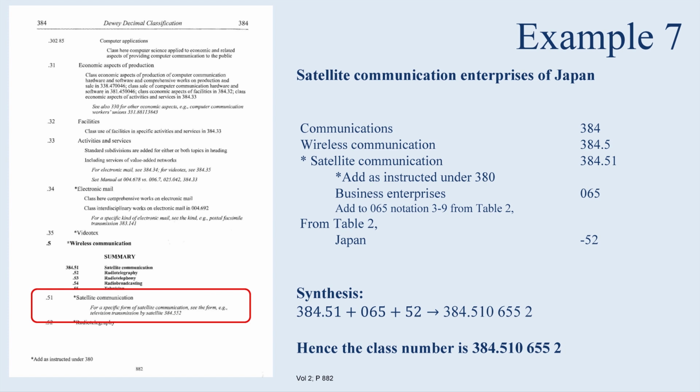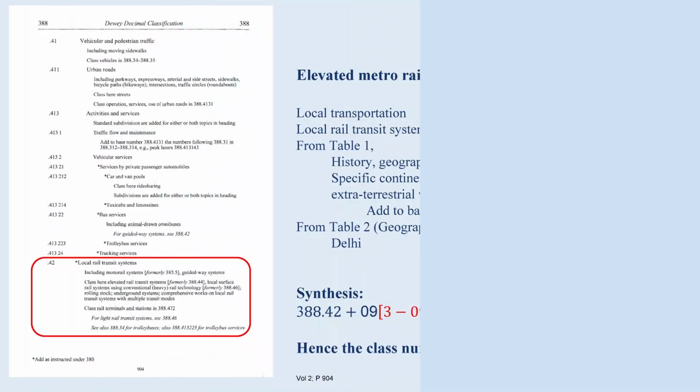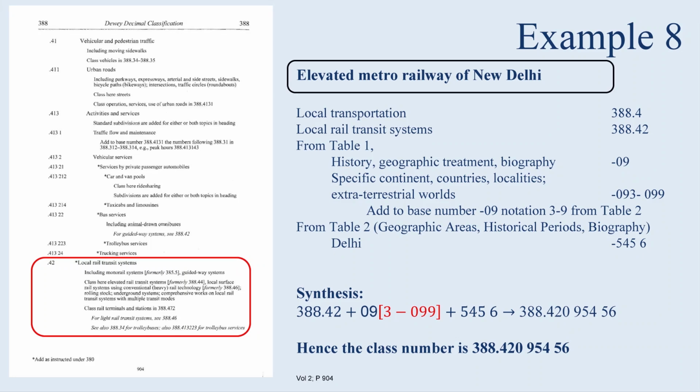Therefore, the number will be 384.51, that is satellite communication, the enterprises from the extended subdivision under 380, that is 065, and finally the area notation for Japan, as there is an instruction under 065 to add the area notation. So we have added the area notation for Japan directly. Finally, the number will be 384.510655.2.